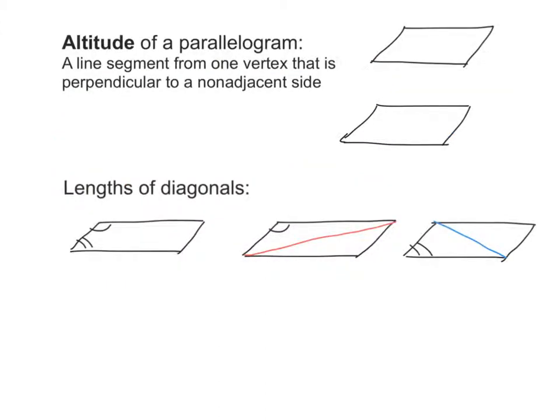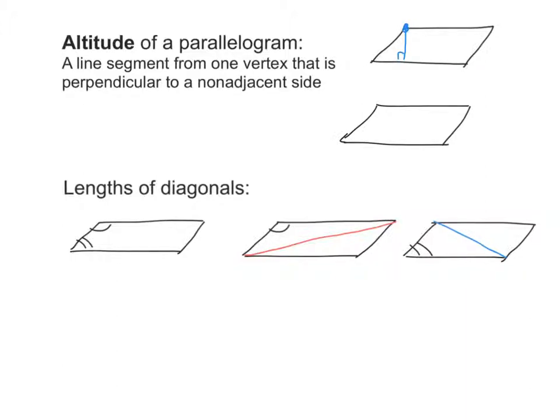Okay, altitude of a parallelogram. The altitude of a parallelogram is a line segment from one vertex, so from up here, that is perpendicular to a non-adjacent side. So these would be the adjacent sides, so it would be perpendicular to this one here. So if I go ahead and draw that in, here's my vertex, and I drop it straight down, and it's perpendicular.